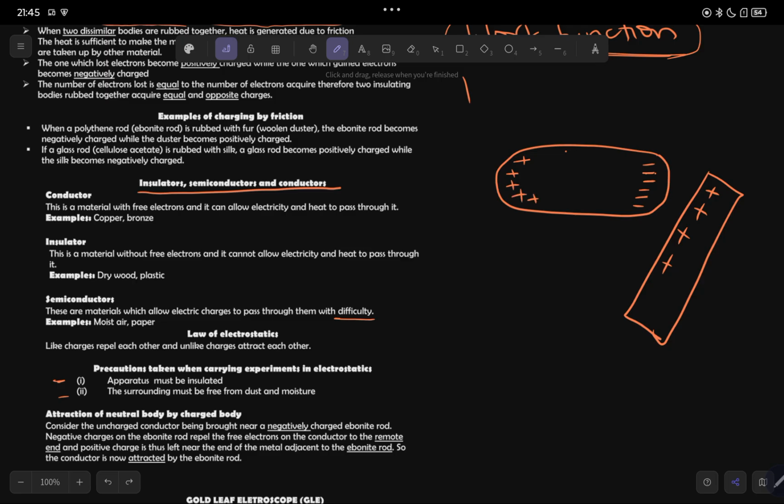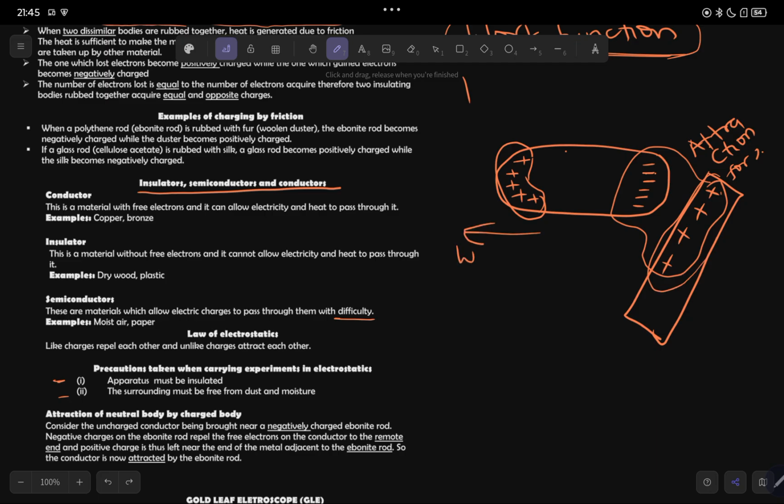Now, the positive and the negatives here are close to one another, so they experience a big force of attraction. Because they're close to one another, they attract themselves strongly. Then the far positive charges are repelled by the positive charge, so the force which is repelling is a weak repulsive force. Why? Because of the distance between the unlike charges.